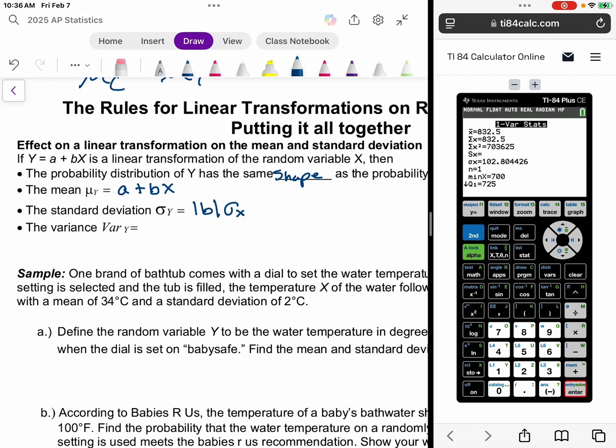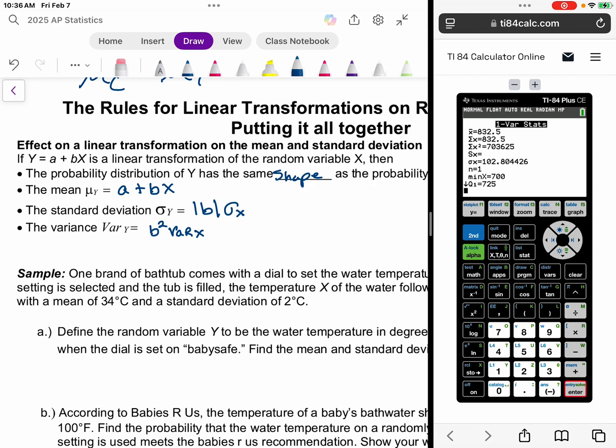The variance is b squared times the variance of x. Remember, what's the relationship between variance and standard deviation? Variance is standard deviation squared.